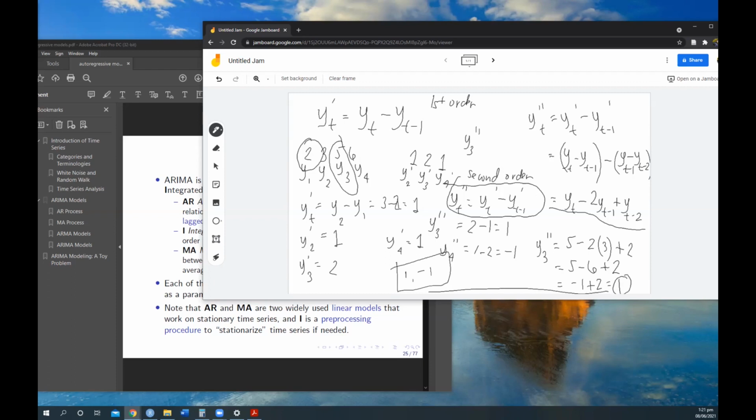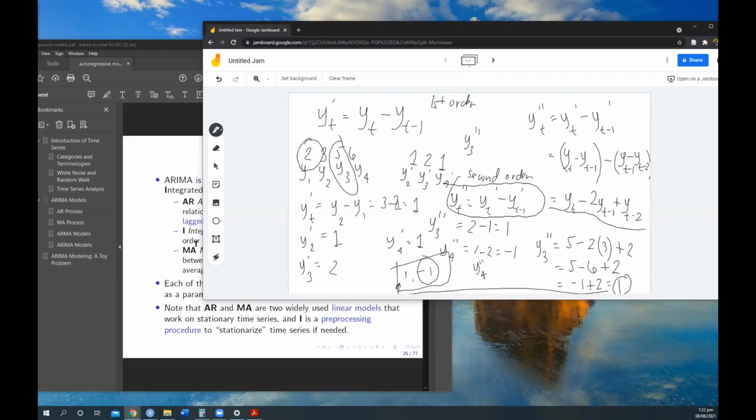So this is the same as the first. You can verify that it's negative 1 for y minus y sub 4, or y prime prime sub 4, and you will find that it's actually minus 1.